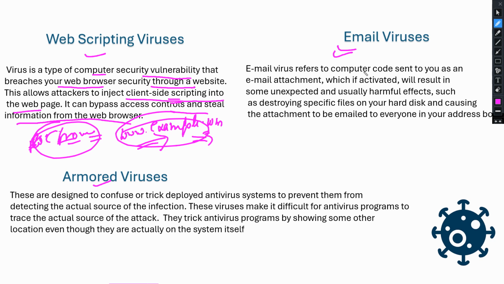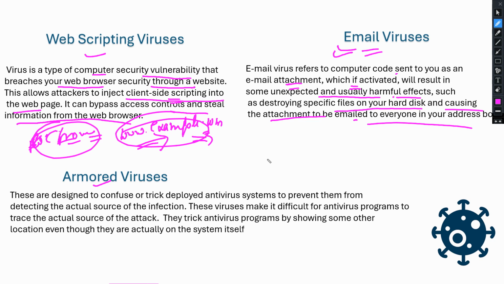Next one is email viruses. Email viruses refer to computer code sent to you as an email attachment, which, if activated, will result in unexpected and usually harmful effects, such as destroying specific files on your hard disk, or causing the attachment to be emailed to everyone in your address book. Okay, these are the kind of email viruses.